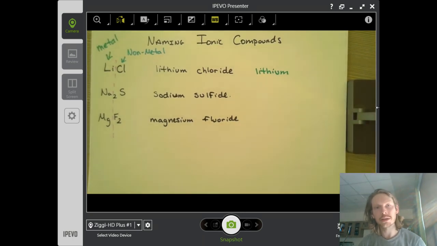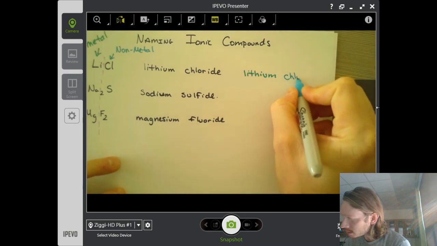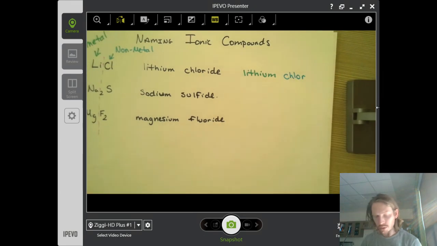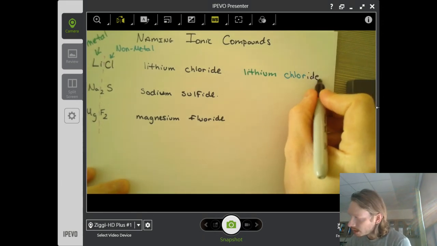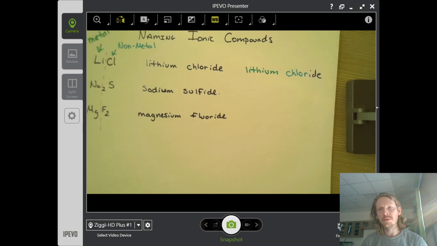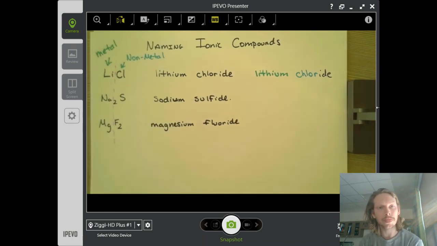It has the root of the word, but it's not chlorine, it's chloride. So there's a little bit of a change there from lithium chlorine to lithium chloride. Lithium and chlorine come together to create lithium chloride.